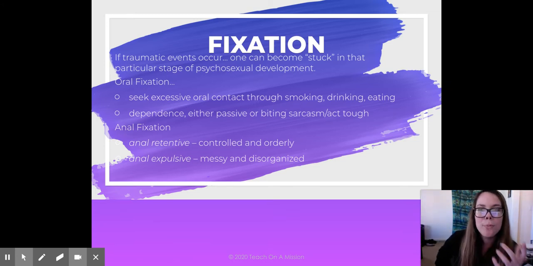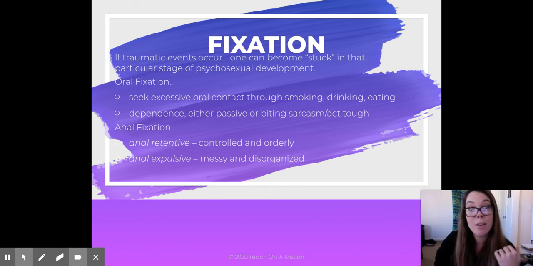So Freud believed that if a traumatic event occurred in your life, especially in childhood, one could become stuck in a particular stage of psychosexual development. So let me give you an example. Children who used to suck their thumb to make them feel better. Maybe they moved on, maybe they went to kindergarten, they haven't done it in a while.